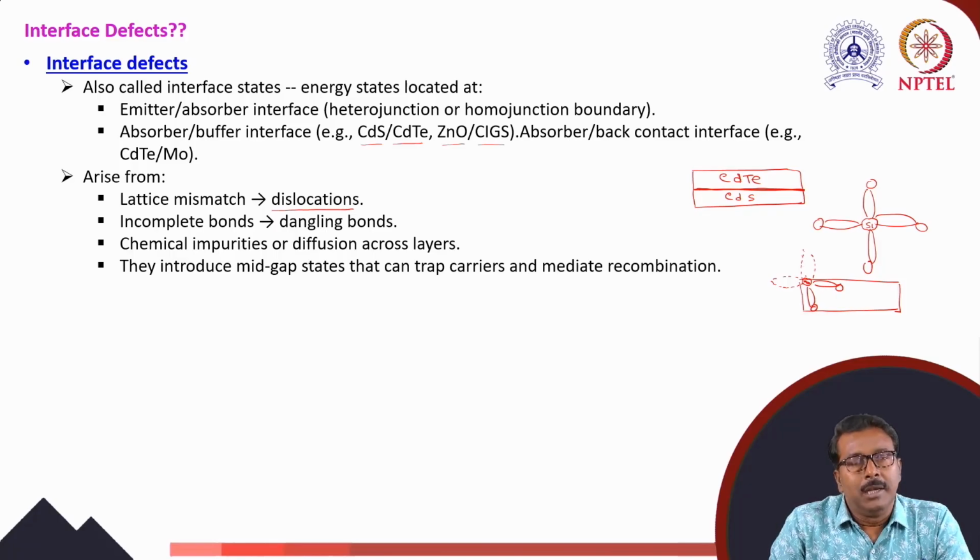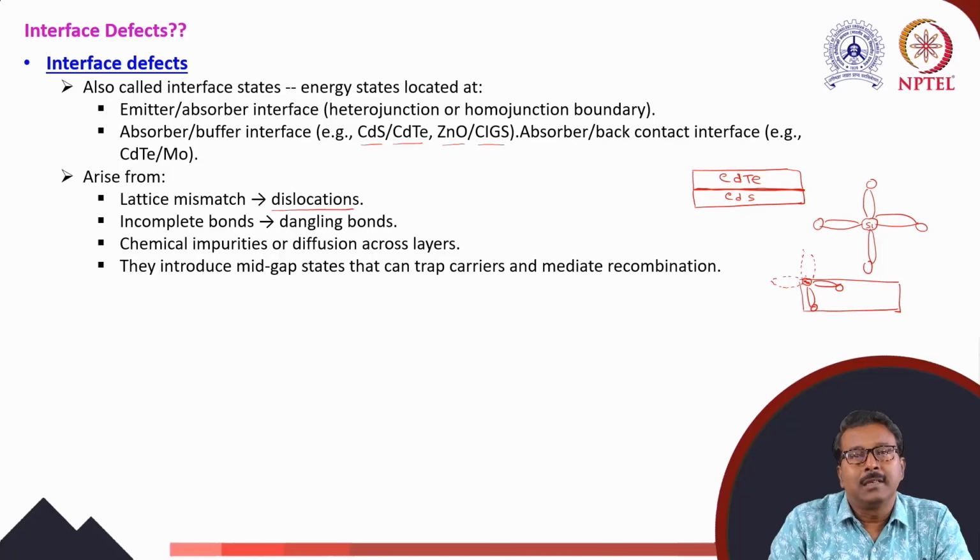After cleaning the surface, you make an emitter layer through a diffusion process. That is, you have to make an N-type silicon layer on a P-type crystalline silicon absorber. During this diffusion process you are also putting in some impurities, like for N plus you are putting in some phosphorus atoms.